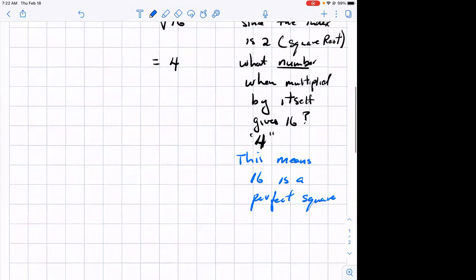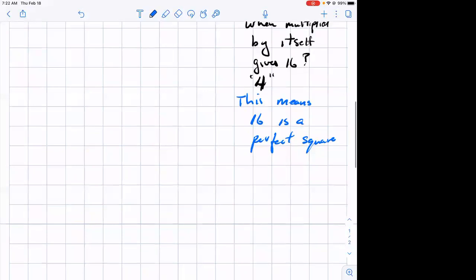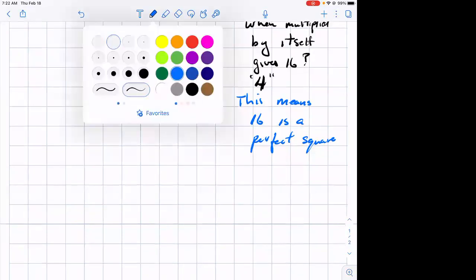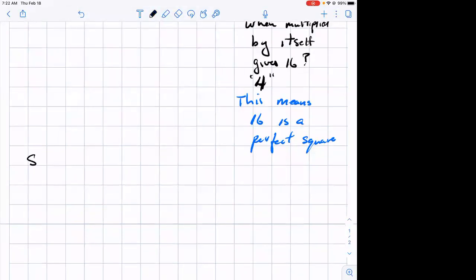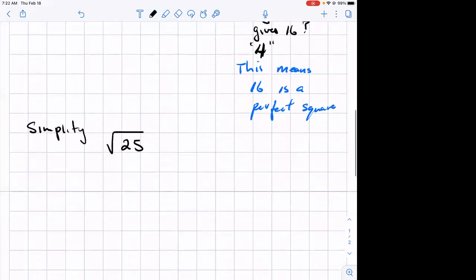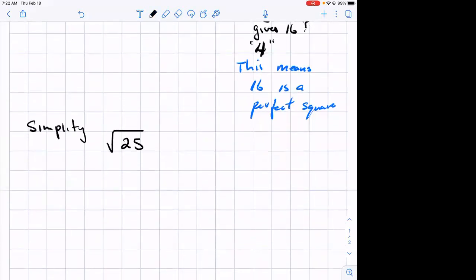For example, 25 will also be a perfect square. Simplify the square root of 25. Because 5 times 5 is equal to 25, then we say 25 is a perfect square.